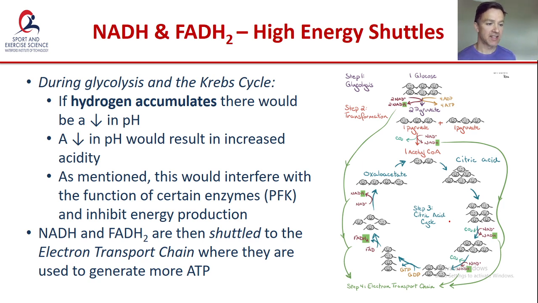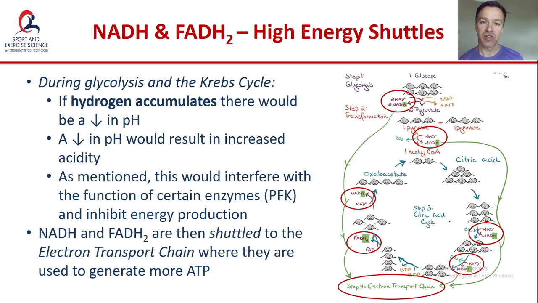So if we look here, we can see step 1 up here, we have glycolysis, and we can see there's 2 NAD and 2 NADH produced. As we go into the electron transport chain, as the pyruvate enters the mitochondria, we have more produced. As we go through the citric acid cycle, we have more of these NADH and FADH molecules being produced along the way.